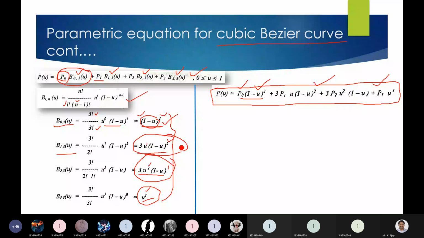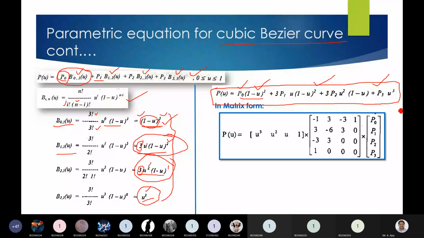And in some of the books, the matrix form would also be mentioned, and some of the problems you may need to solve using matrix form also. So the same parametric equation, you can also write in a parametric form like this. Look at here. This entire equation, you can also rewrite in matrix form like this.